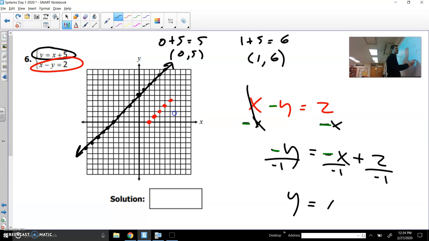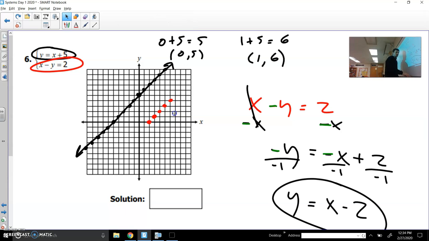Negative over negative makes positive, and 2 divided by negative 1 is negative 2. So this may be a more direct way of graphing it. I now have negative 2 for my y-intercept. And I'm using that slope of positive 1 to go up 1 and over 1. And now you see all those other points that I was imagining to be true.